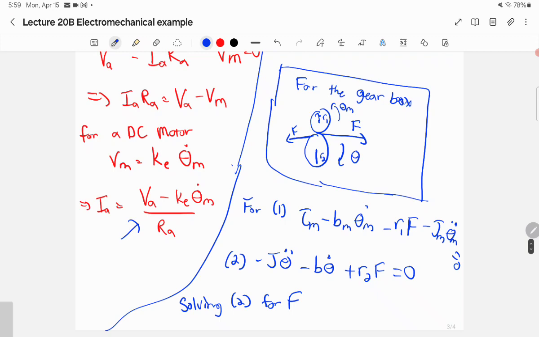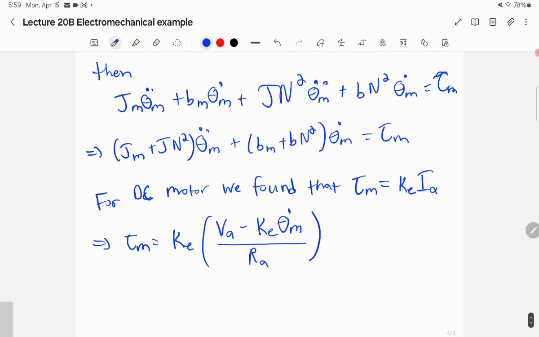This was our current, right? Our IA was this. And I just substituted that in for tau m and used this fact, okay?